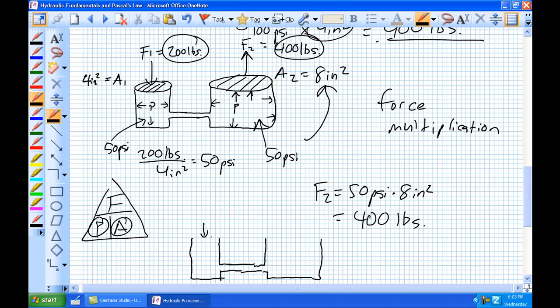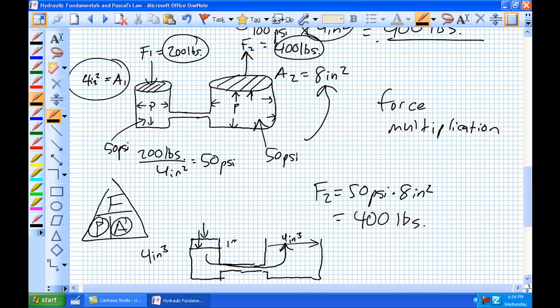If I push down on our disk at the top of this thing, and I've moved it down 1 inch, that means 3-dimensionally, how much fluid have I displaced? Well, if the area of this first one was 4 inches squared and I moved it down 1 inch, that means I've displaced 4 cubic inches of hydraulic fluid, meaning I can only go up 4 cubic inches of fluid.